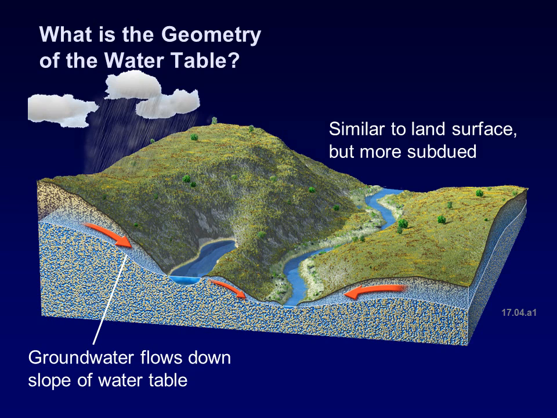Groundwater flows down the slope of the water table. So just like on the surface, water flows from a higher elevation to a lower elevation down the slope. The same thing goes for groundwater. It's flowing down the slope of the water table. The shape of the water table mostly is independent of rock units, but rock types influence how fast groundwater flows, if at all.